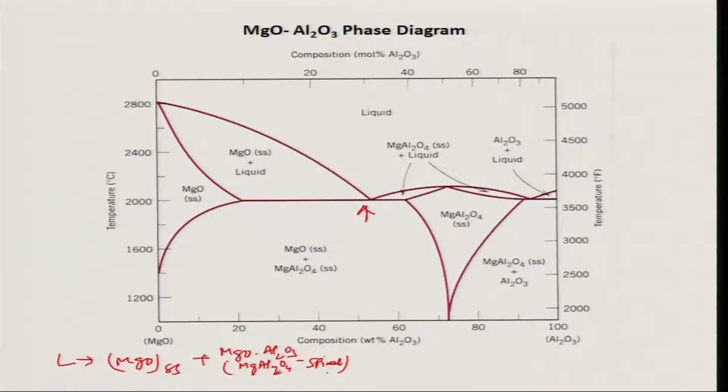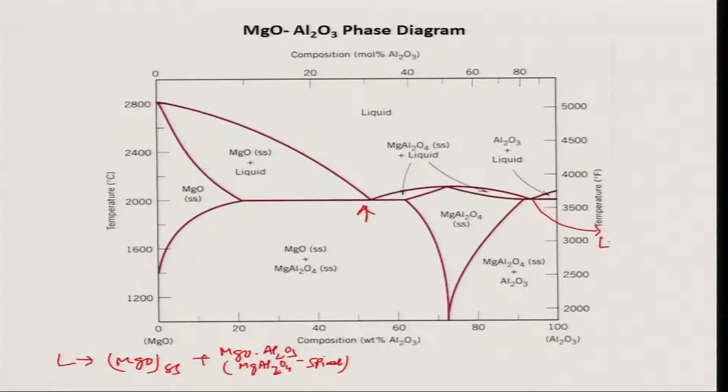That means the phase diagrams of MgO Al2O3 and SiO2 Al2O3 have similarities. This other eutectic reaction happens at high temperature, about 2000 degrees Celsius, and this reaction is liquid going to MgO Al2O3 or spinel plus Al2O3. Okay. This is spinel actually, and in between you have this compound forms. That is about MgO and Al2O3.